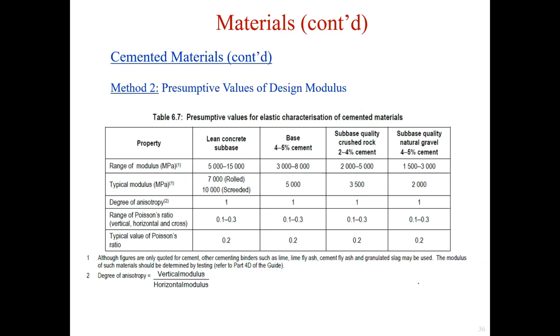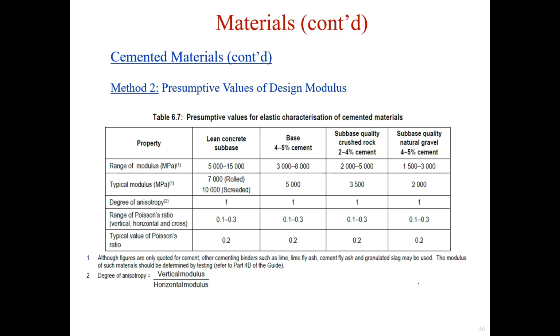The presumptive values of elastic characterization of cemented materials, including design modulus, could be found from table 6.7. The modulus values presented in this table may be used as a guide if no other more reliable information is available.